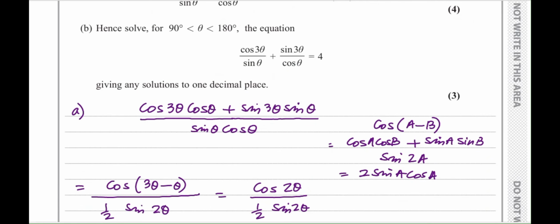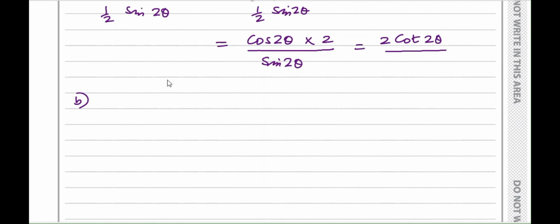Part B. Hence, solve for theta being 90 degrees to 180 degrees the equation cos 3 theta over sin theta plus sin 3 theta over cos theta, which is the same as the first equation, equal to 4, giving any solutions to one decimal place. So we can start by saying 2 cot 2 theta is equal to 4. Therefore, cot 2 theta should be equal to 2.